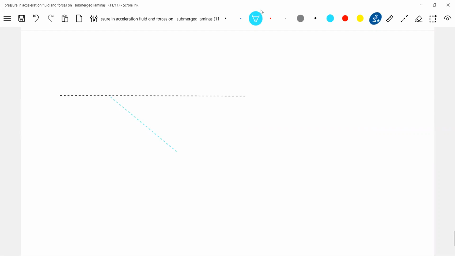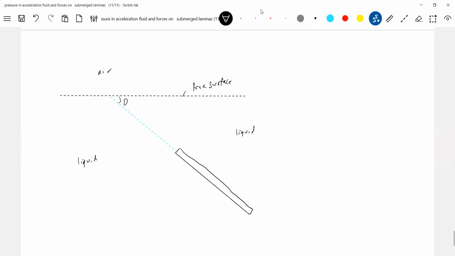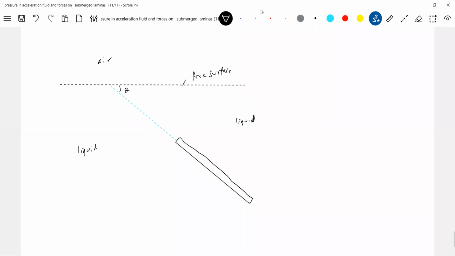There's a rectangular plate. You are only seeing the side view. There's a free surface, and everywhere there is liquid. What about the total force acting on this rectangular plate?